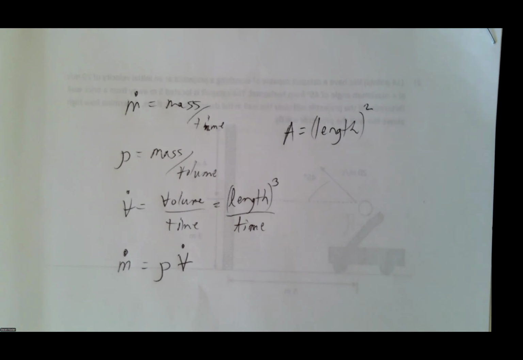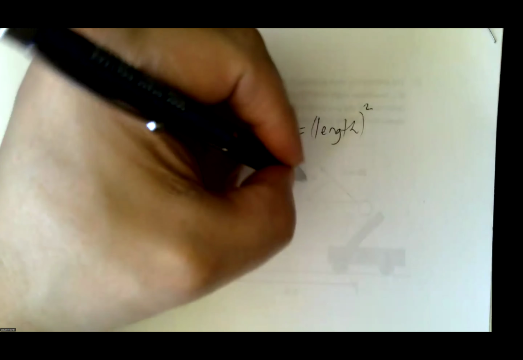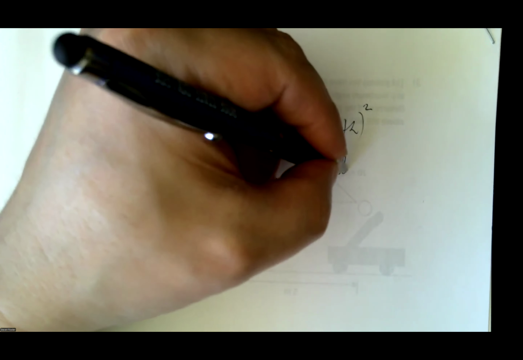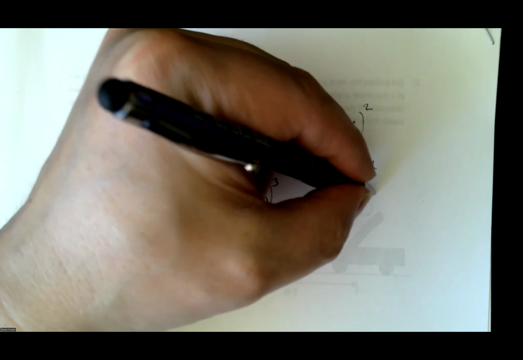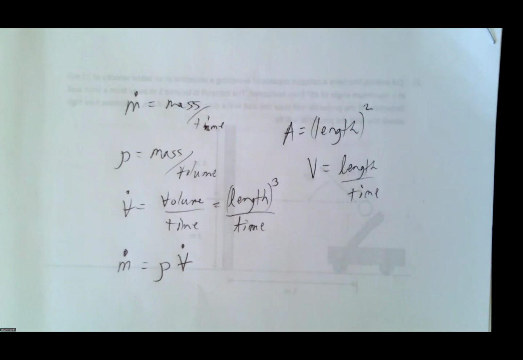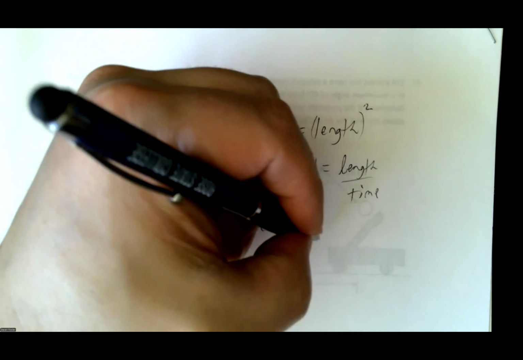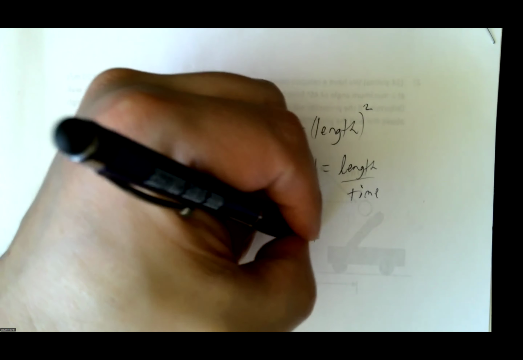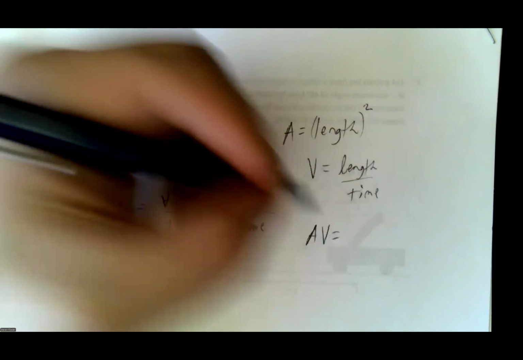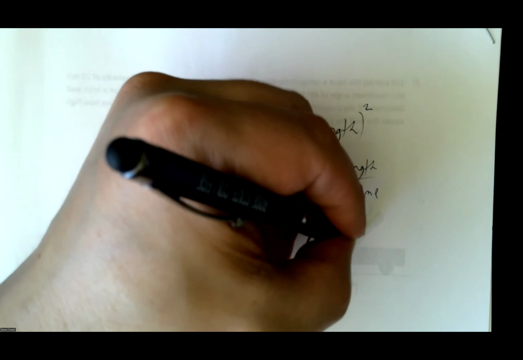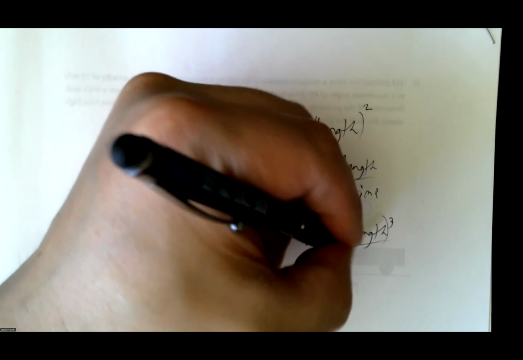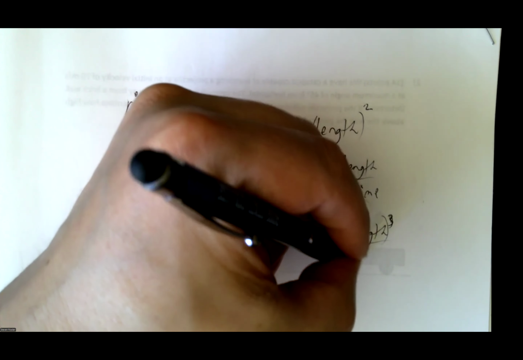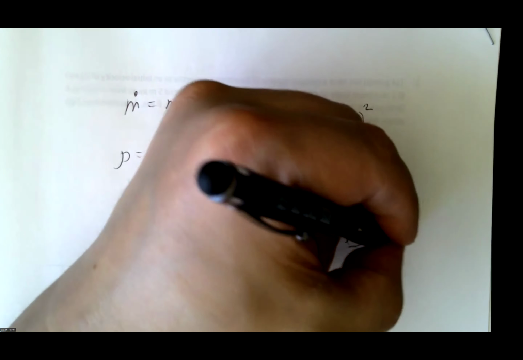So if I take area, which is length squared, and I take speed, which is length per time, notice what happens just dimensionally. If I take area times speed, that gives me length cubed per unit time. This is V dot.